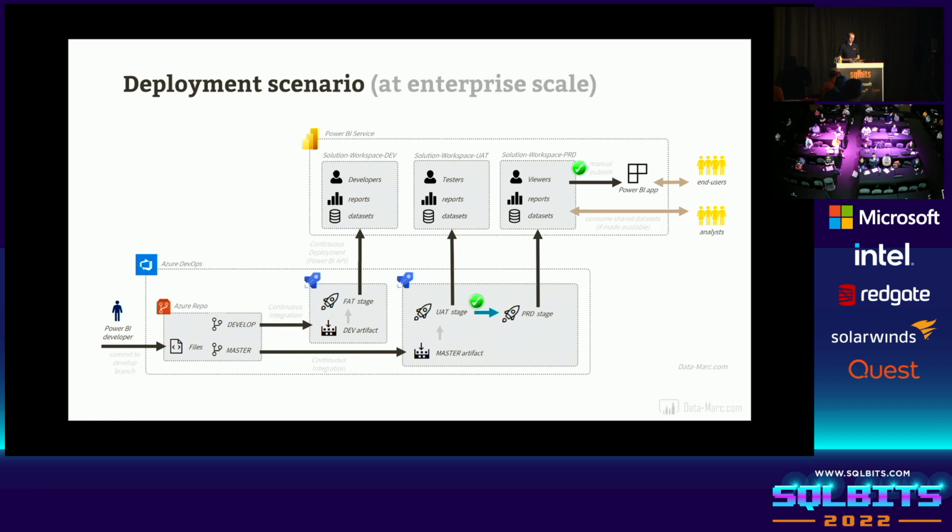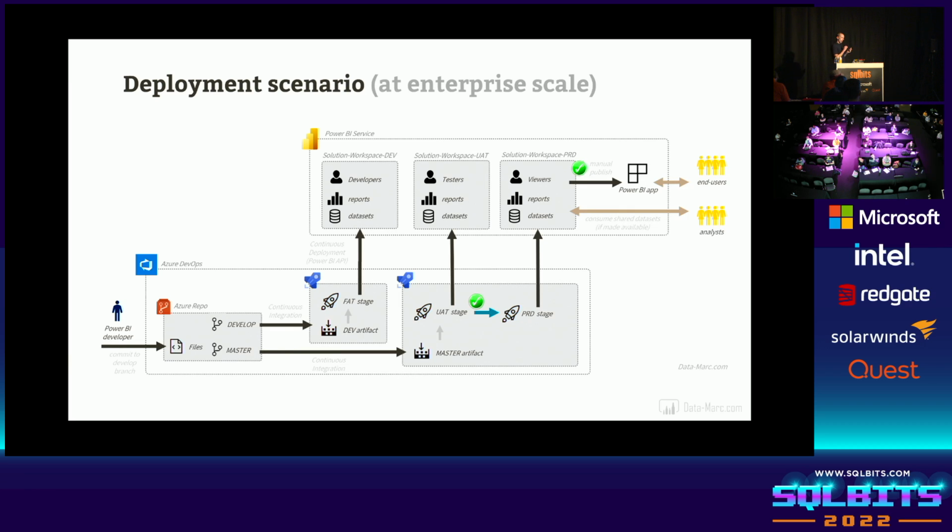They can test everything again, see if it is matching the requirements, and if they hit the approve button, it will automatically deploy everything that I have in this master artifact to the production workspace. And in production, we have the Power BI app connected where my end users will interact, and we have the ability to share this data set with build permissions for others that want to leverage my data set and build new reports on top.